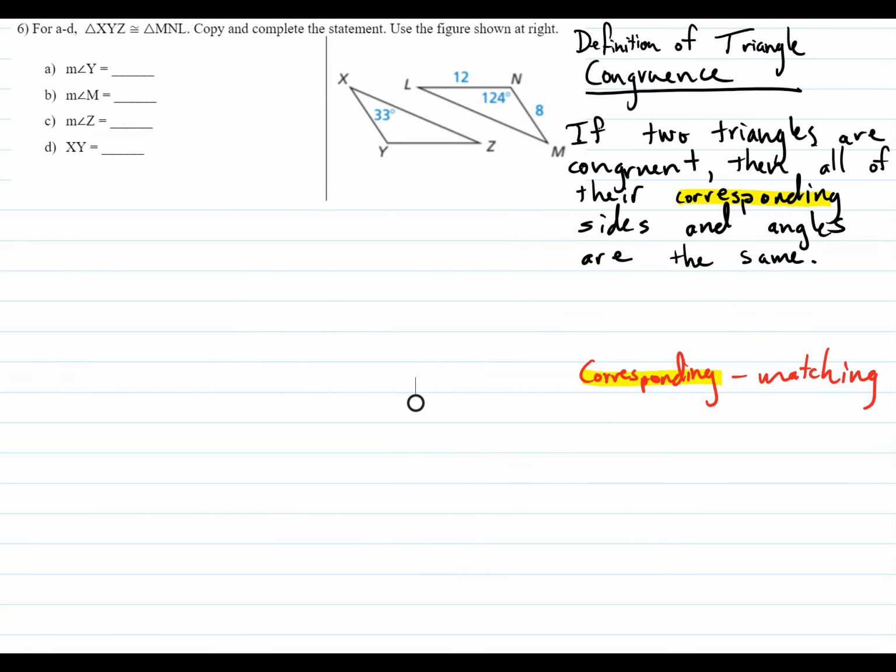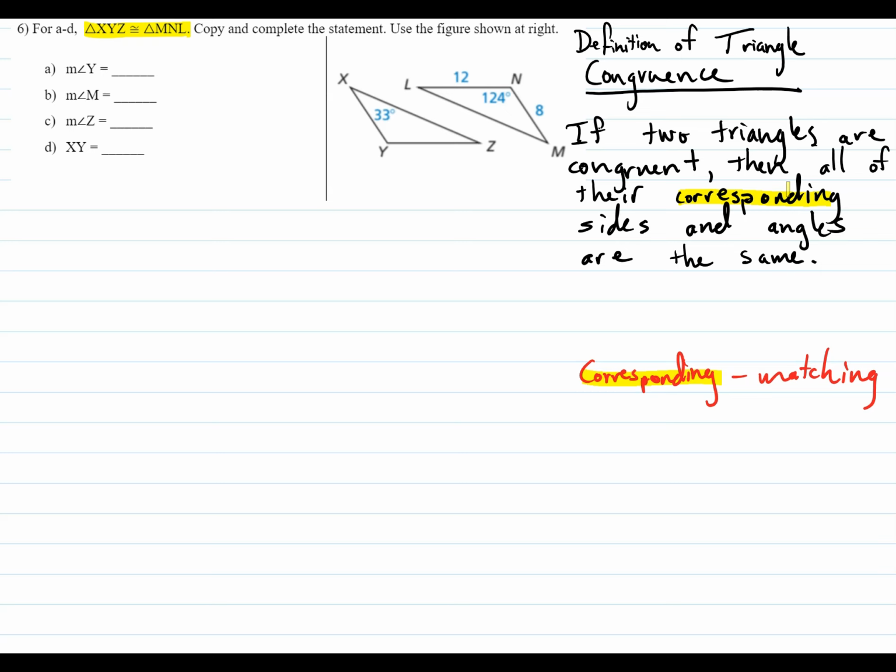Number 6. For A through D, triangle XYZ is congruent to triangle MNL. Copy and complete the statement. Use the figure shown at the right. Let's remind ourselves the definition of triangle congruence. If two triangles are congruent, then all of their corresponding sides and angles are the same. Corresponding means matching.